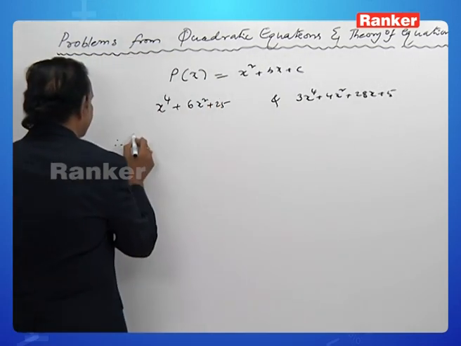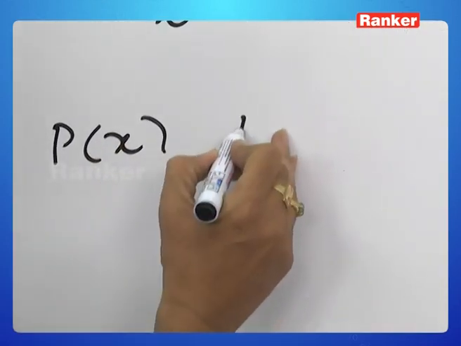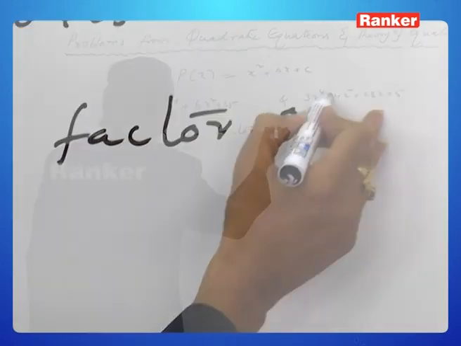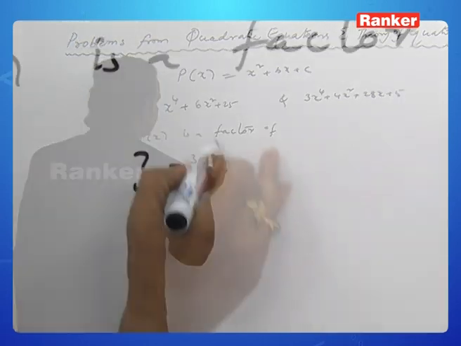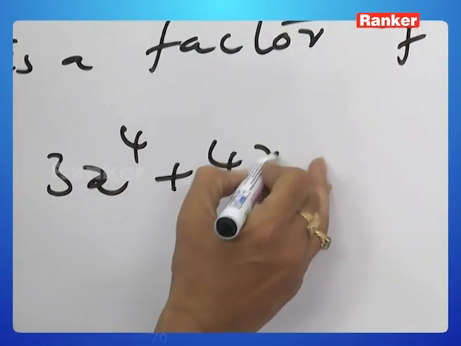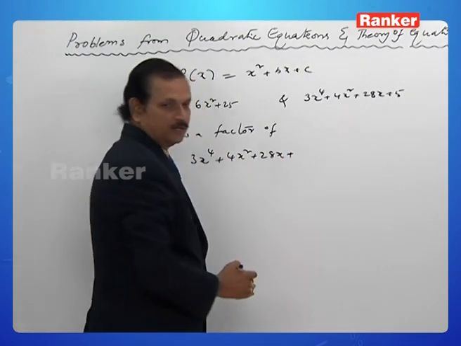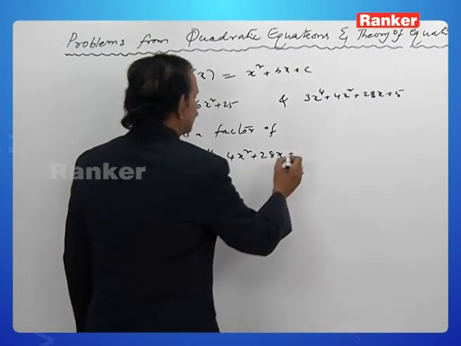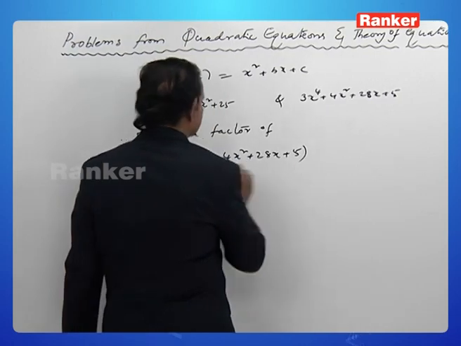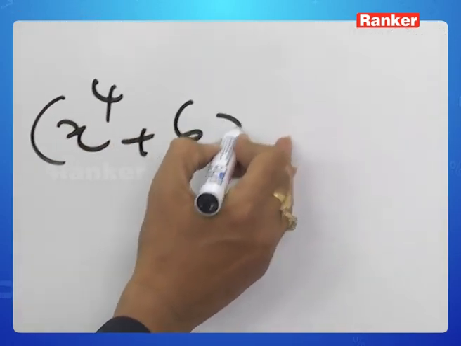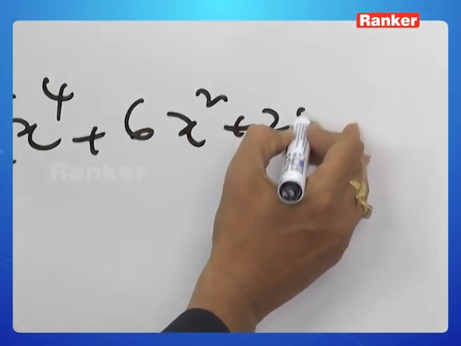Therefore, we can write p of x is a factor of 3x power 4 plus 4x square plus 28x plus 5 minus 3 into x to the power of 4 plus 6x square plus 25.